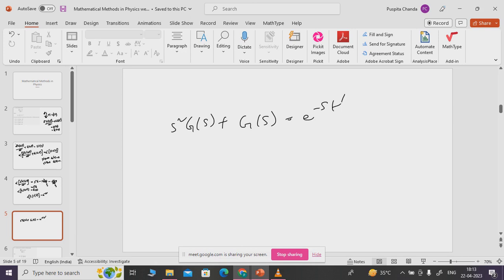So here we can see G(s) is e^(-st') divided by 1 + s². Now we need to take the inverse Laplace transformation.